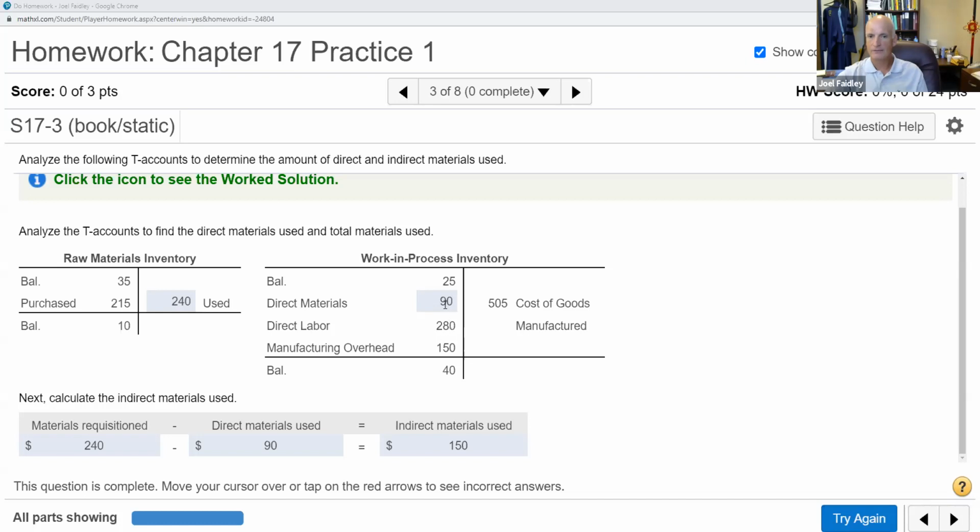So if the total has to be 520, 25 plus 520 minus 505 is 40. If this is 520, well, 280 and 150 is 430. So that's got to be 90. Indirect materials used, 240 minus 90, 150. All right.